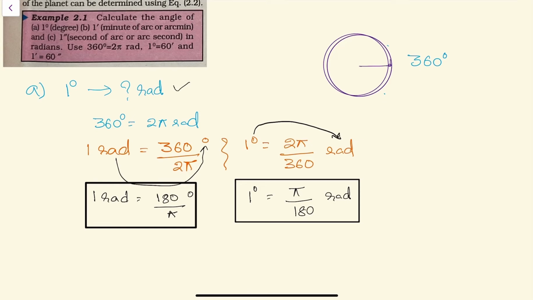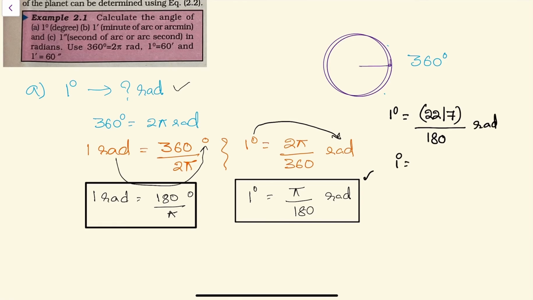Now we shall solve our problem. 1 degree is equal to how many radians? This is the simplest answer. You can use the calculator. Pi by 180, with pi value 3.14, or shall I write 22 by 7, so 22 by 7 by 180 radian.